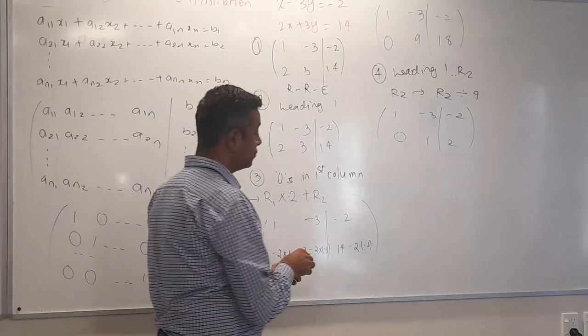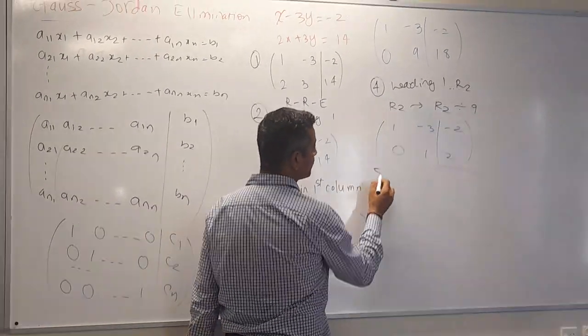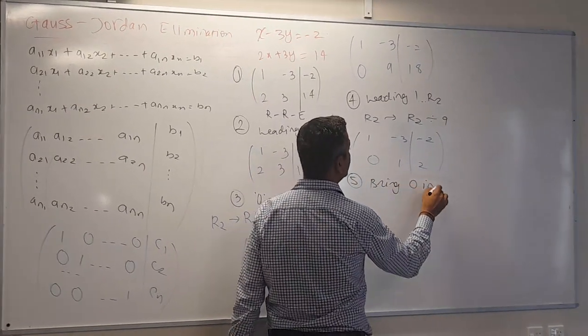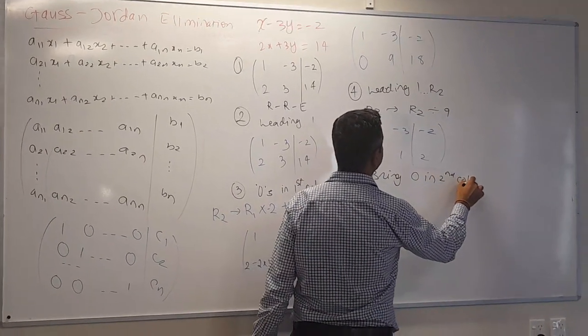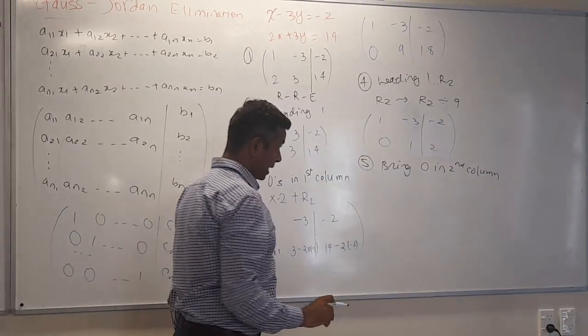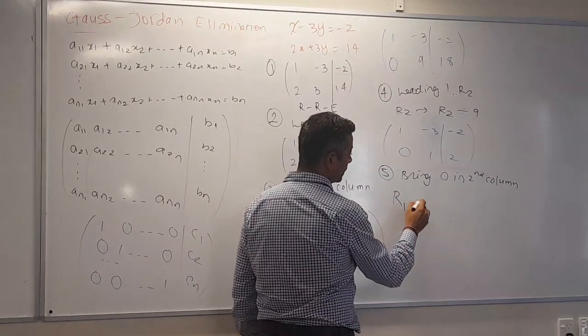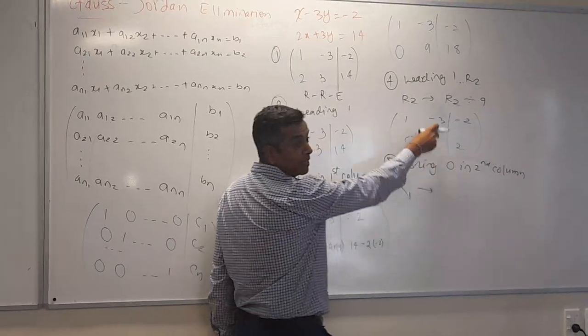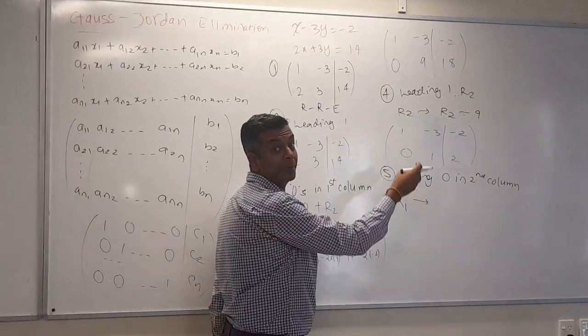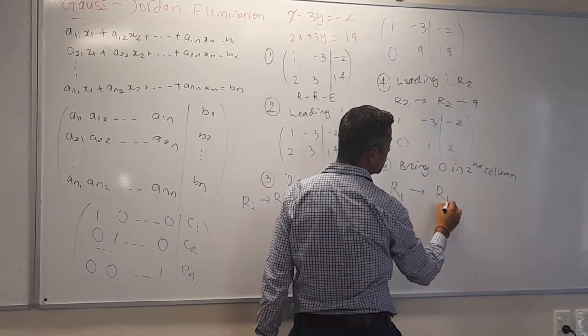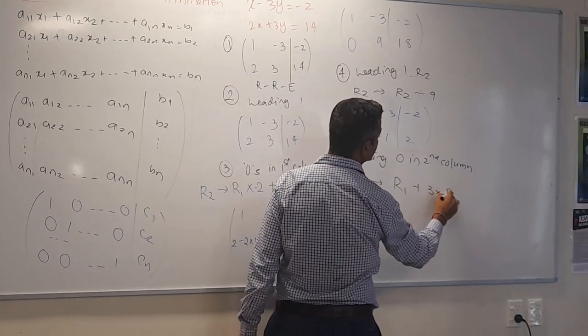So we proceed with a few more operations to bring 0 in the second column. How do we do that? Our new row 1: this is 1, this is negative 3. It's very convenient if we multiply row 2 by 3 and add it into the first one. So our new row 1 becomes row 1 plus 3 times row 2.